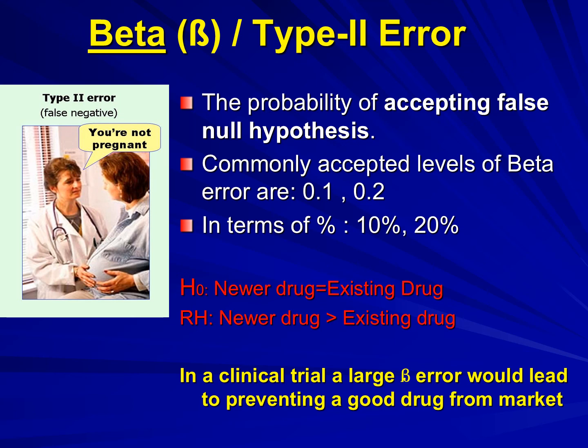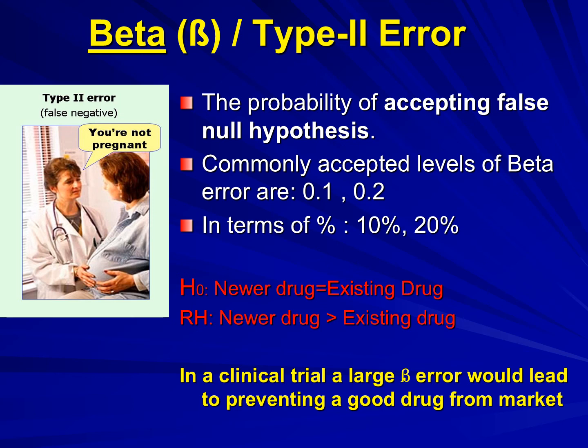But if we commit the beta error, we are going to accept the null hypothesis, which is actually false. It means we are going to accept that the newer drug is equally efficacious to the existing drug, and not more efficacious.